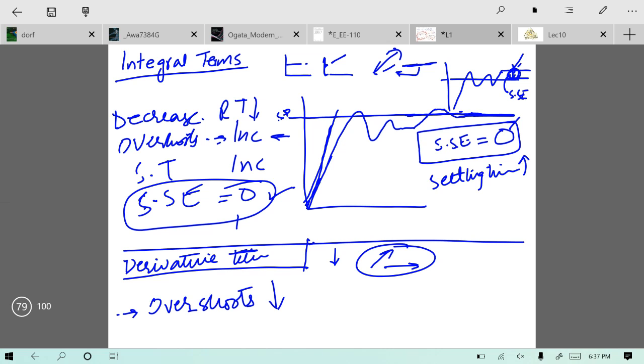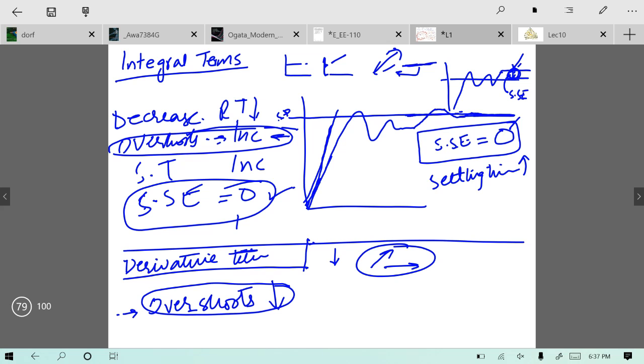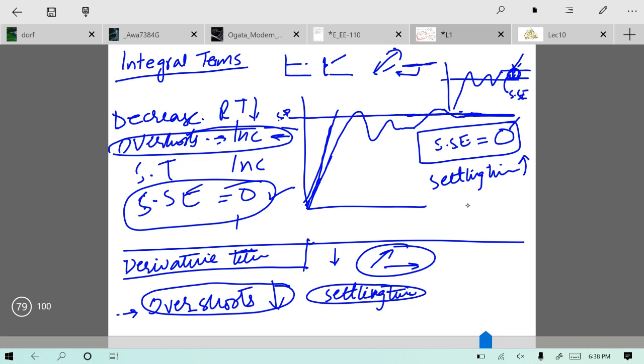These are always used in combination, so that the bad effect of the integral controller is compensated by the good effect of the derivative controller. Whenever the overshoots are decreased, the system settles in less time, so settling time is automatically decreased.